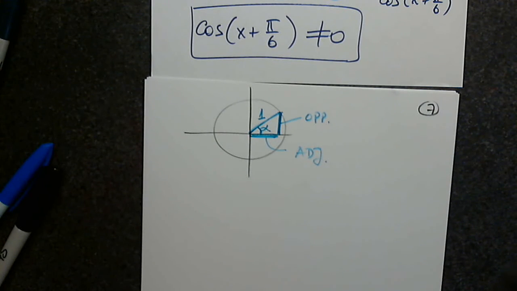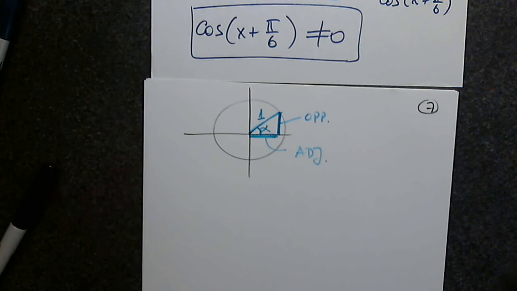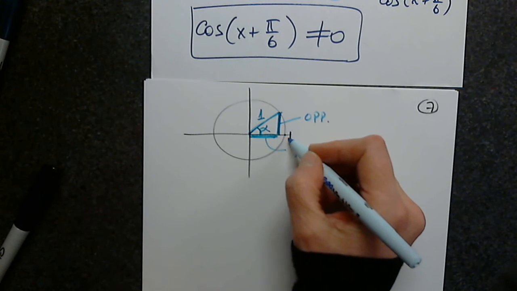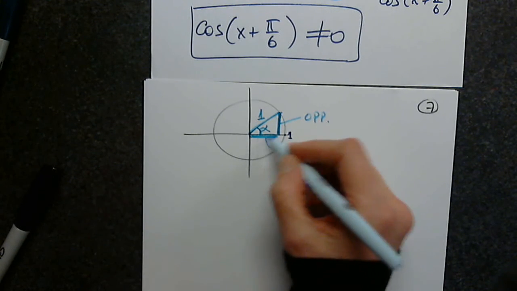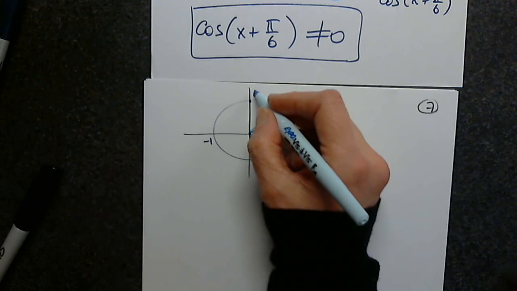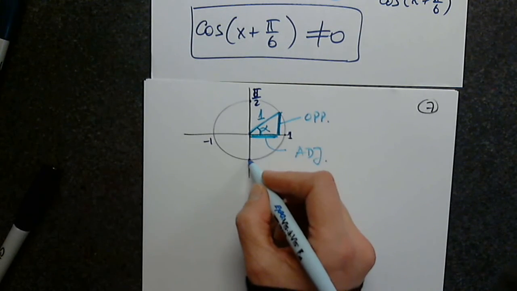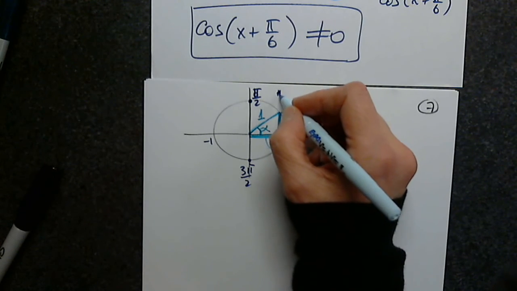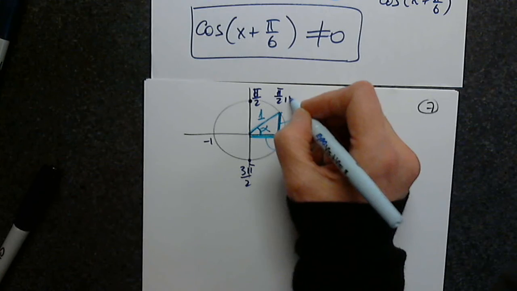Excellent. So now let's find where on the unit circle I see 0. Where is cosine 0? So here is positive 1 because it's measured on the x-axis. Here is negative 1. Here is 0. I shouldn't put it that way. I should put pi over 2 and 3 pi over 2.